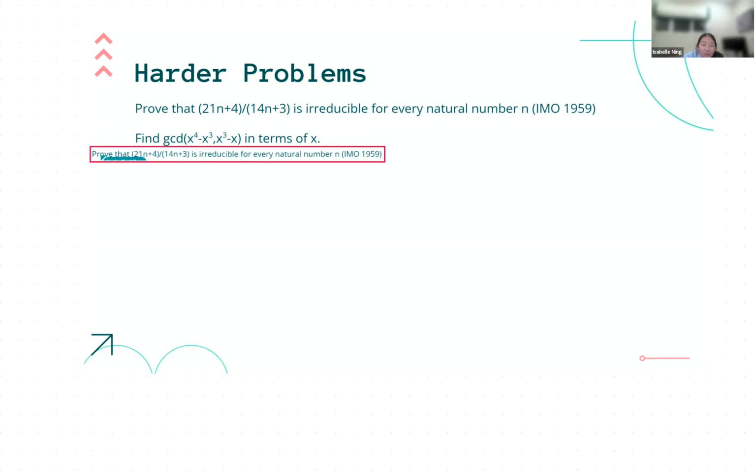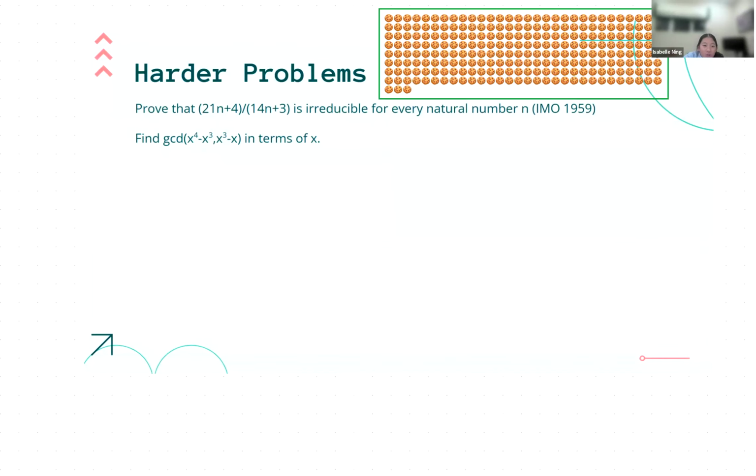Yeah, so to prove that they're irreducible, we just want to prove, oh yeah, WTP means want to prove. I'm just lazy to write it out. That 21n plus 4 and 14n plus 3 are co-prime. That's required to prove.